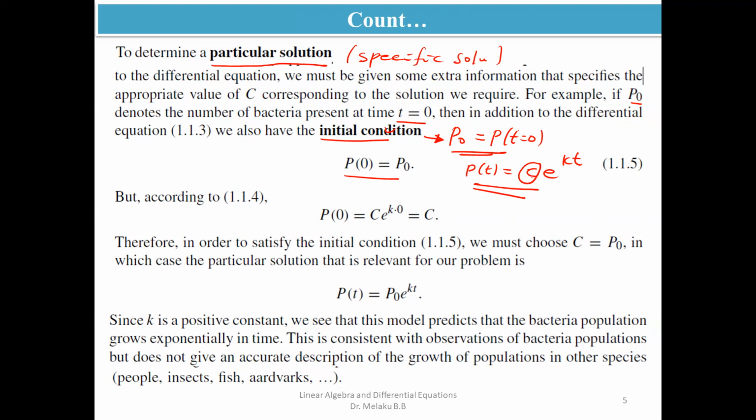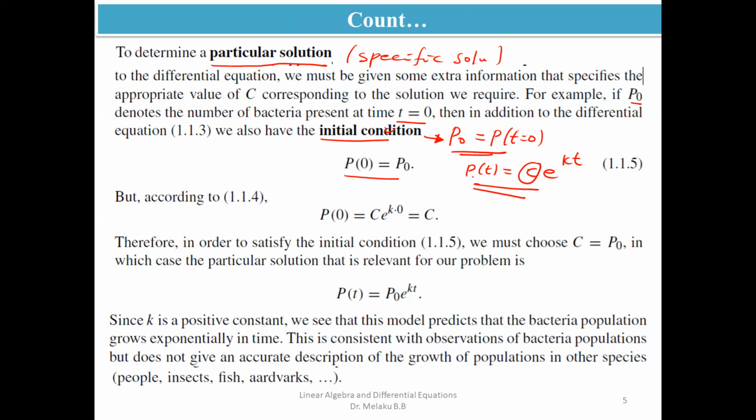When we have only c, this is the general solution, because c is any number. However, if we know the initial condition, that is the population of the bacteria at time t equal to 0, it's possible to find exactly what c is.